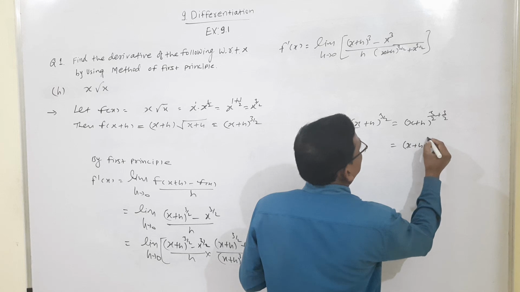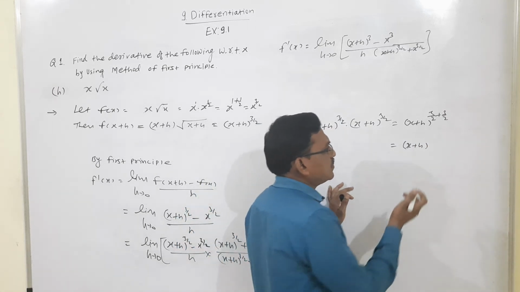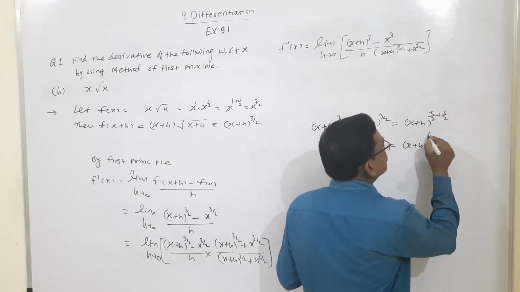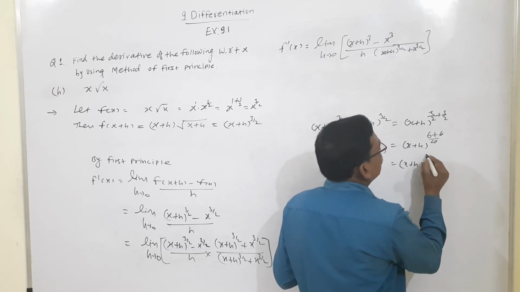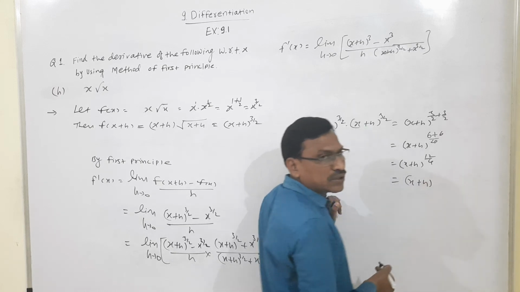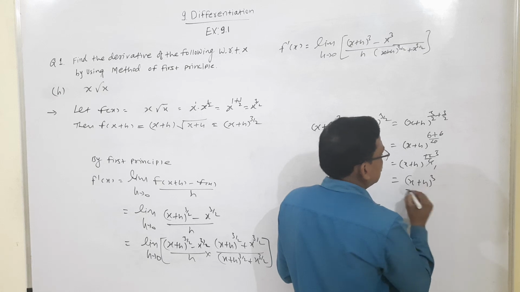and so x plus h to the power, here cross multiplication, LCM here. So it is 4, 2 to the 4, 2 3 is 6 plus 6. So it is x plus h to the power 12 by 4, and so it is x plus h to the power 4 1 is 4, 4 3 is 12. So it is 3.